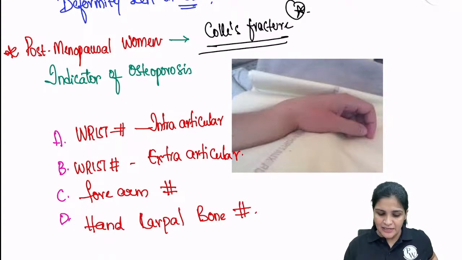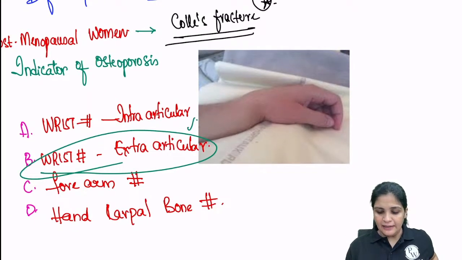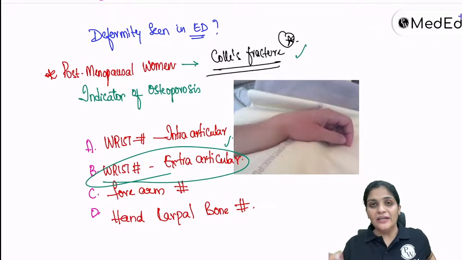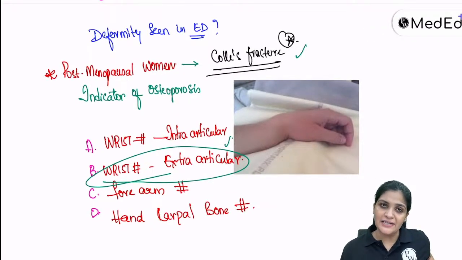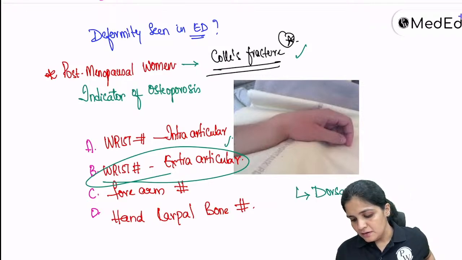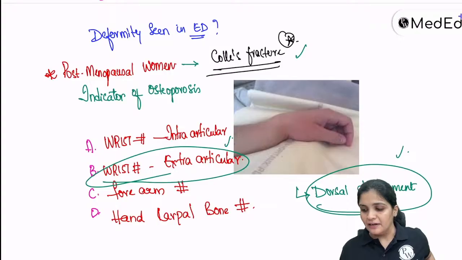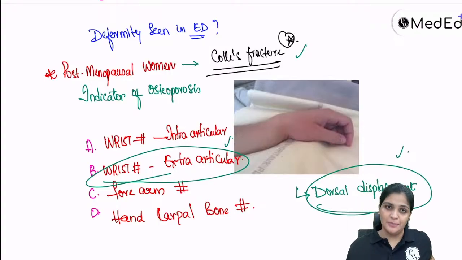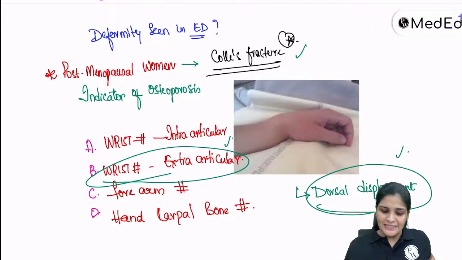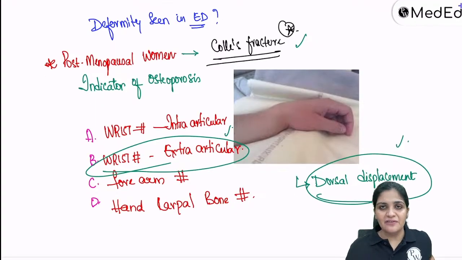Yes, the answer is, it is an extra-articular fracture. So the answer is B. Colles' fracture is an extra-articular fracture. What is the displacement which we see? It is dorsal displacement, right? So whenever you see an extra-articular fracture with dorsal displacement, the Colles' fracture, this is the deformity which we see. This was exactly the question. This was the image given in the exam.